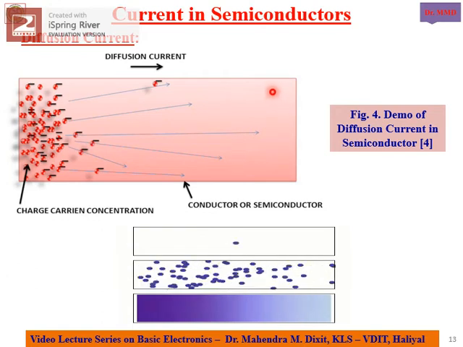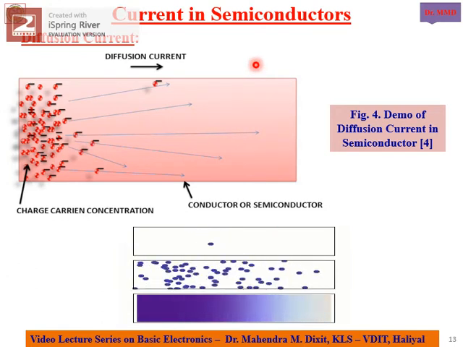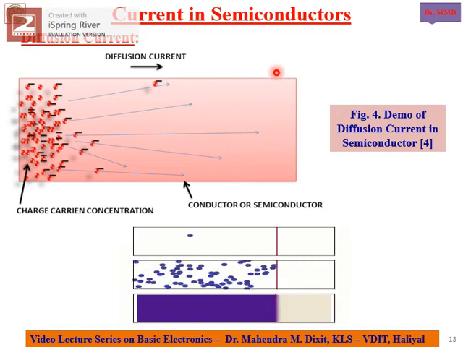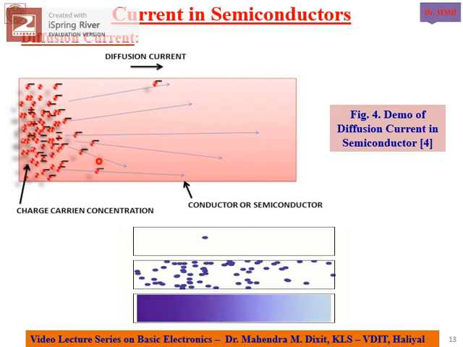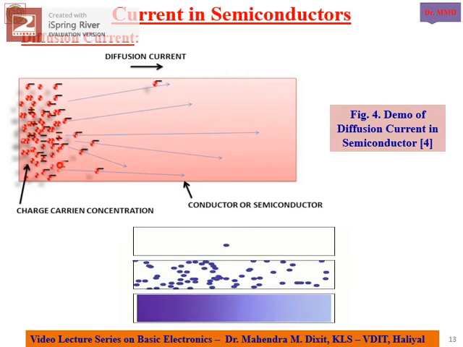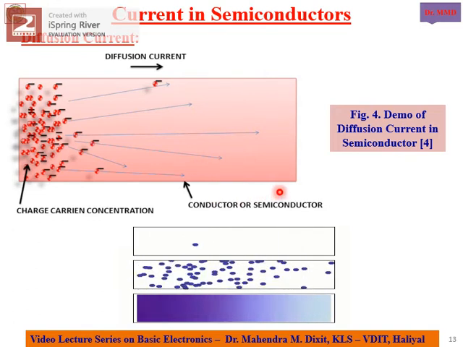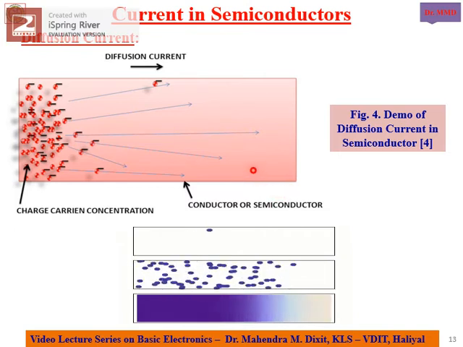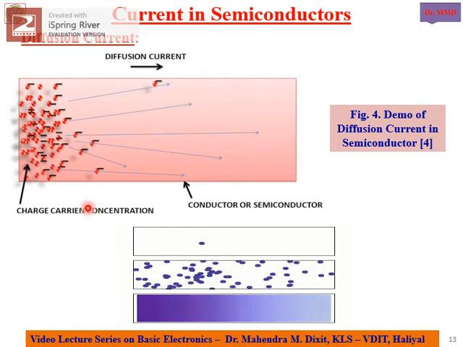Here there is one semiconductor material kept under test, in short called SUT, semiconductor under test. One of the important aspects associated with this semiconductor is that it has a non-uniform charge carrier concentration. Let it be a conductor or semiconductor, our explanation will hold good for diffusion current.